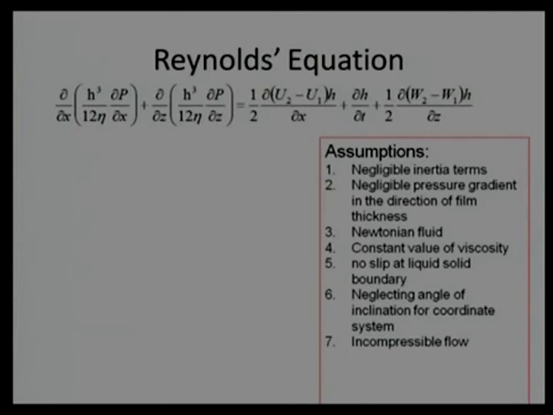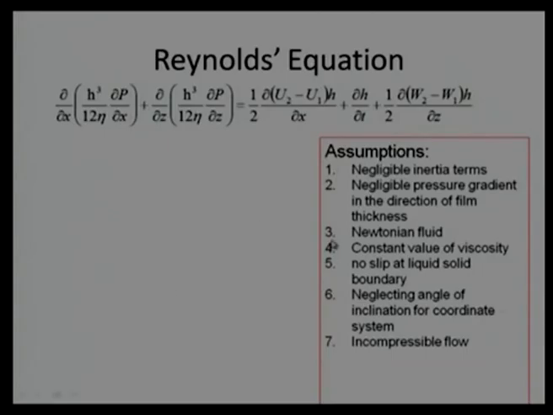Whatever we choose, pressure will remain the same at any y location. Then Newtonian fluid, we took as an example, we use the shear stress relation, then constant viscosity value, no slip, neglecting angle of inclination for a coordinate system, and incompressible flow.